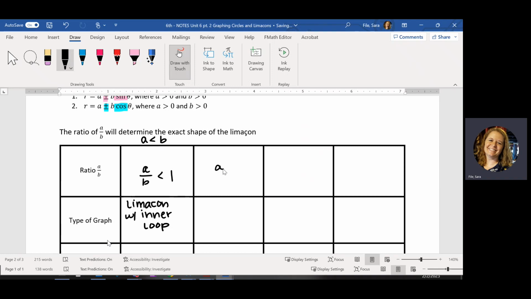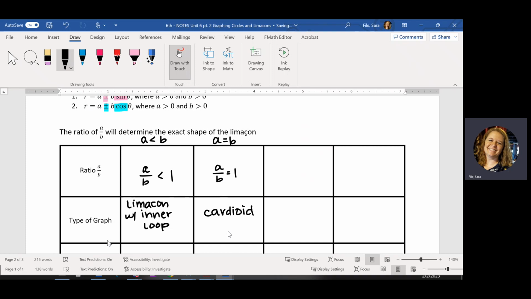If the A to B ratio equals 1, what does that mean? How are A and B compared to each other? They're the same. So if A and B are the same value, this is going to be a different type of limacon, which is called a cardioid. You can probably use some root word knowledge there.